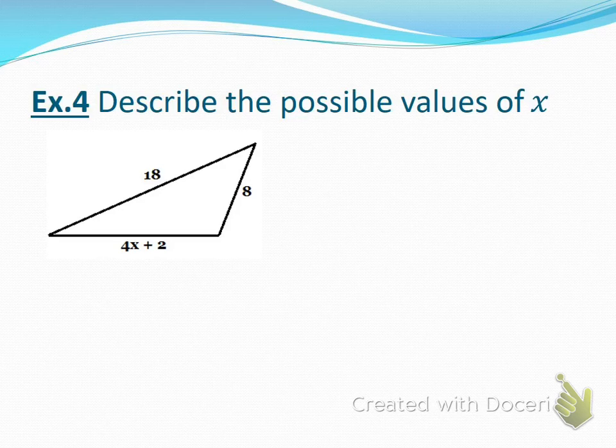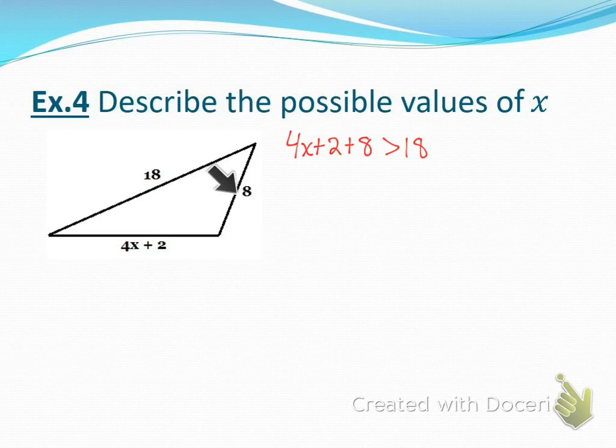Describe the possible values of x. Again, one of our statements is going to be that 4x plus 2 plus 8 has to be bigger than 18. Now, the one with the 18 and the 4x plus 2 together being bigger than 8 is the silly one because 18 is already bigger than 8.